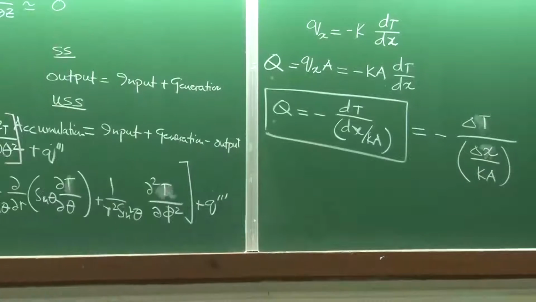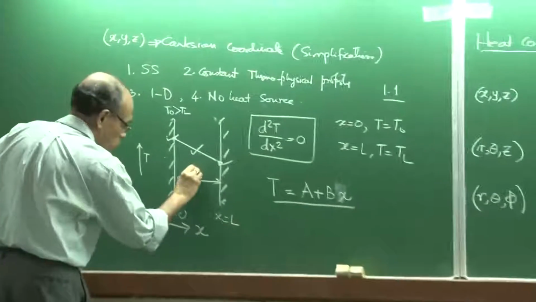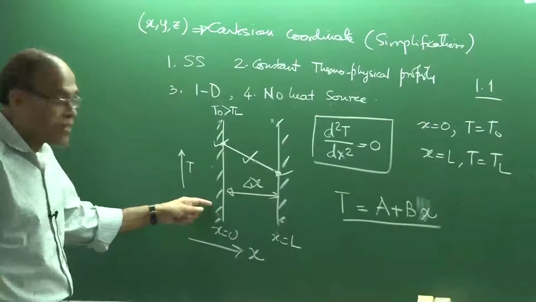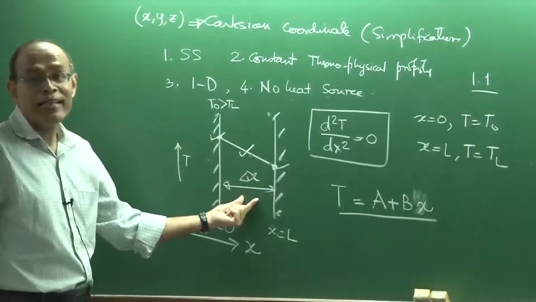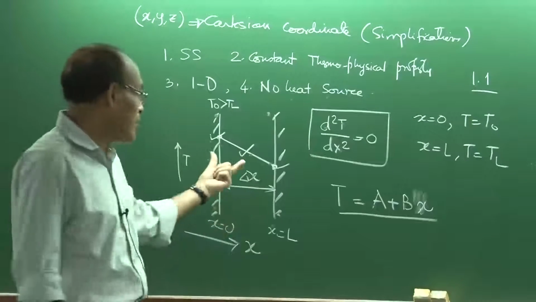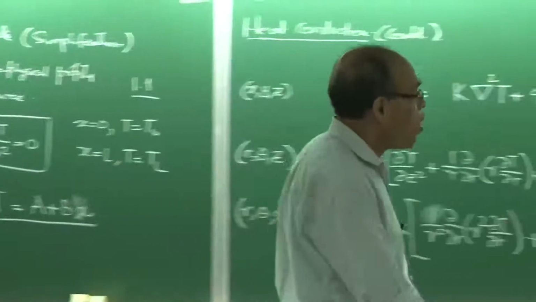So, that is what, if this is delta x, in this context, because there is no area, take delta x divided by k, and then you get what is known as the thermal resistance of this particular one-dimensional block.